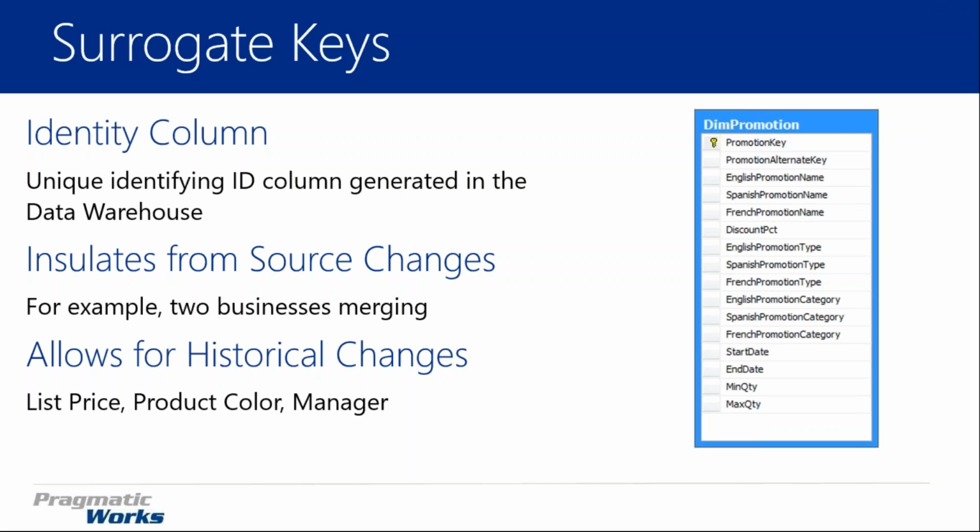We'll talk about how we model that in a moment. And then it also allows for historical changes. Not having that surrogate key means that the natural key can't be duplicated in that table, because then it violates the primary key constraint. So the two things we're going to talk about are that it insulates us from source changes and that it allows for historical changes.